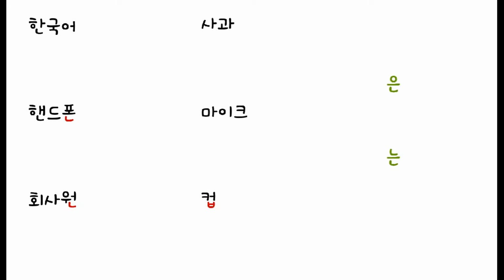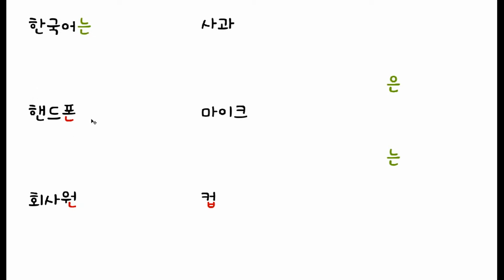That would be 는. Why? Because it has no last consonant. When you add this, you have to check whether the last character has a last consonant or not.